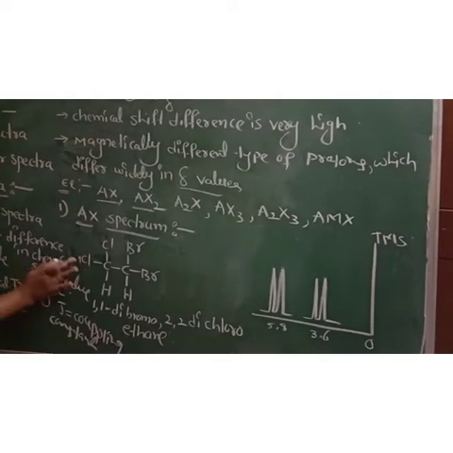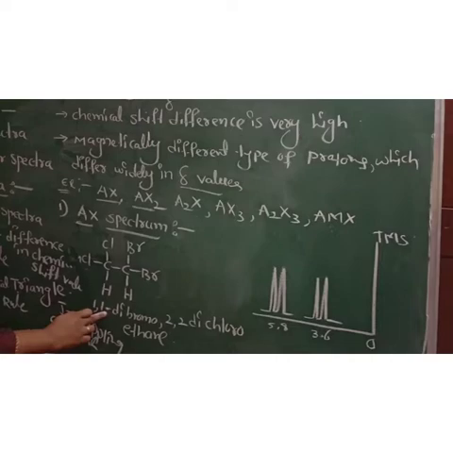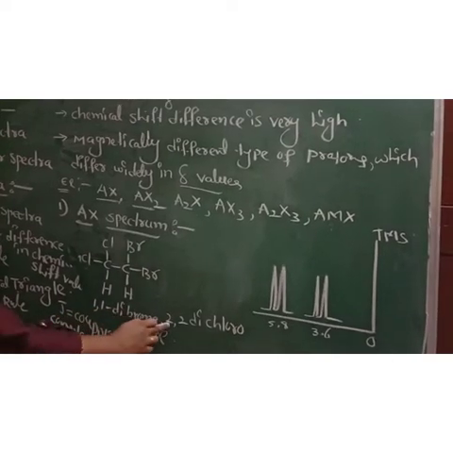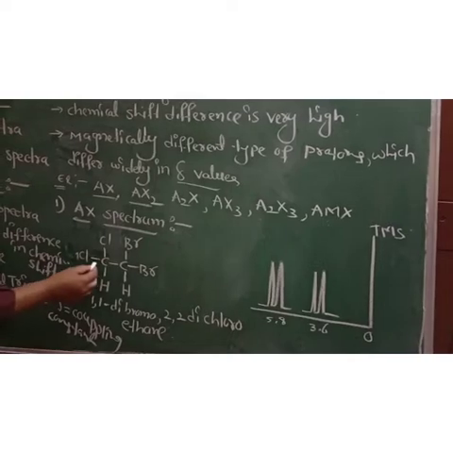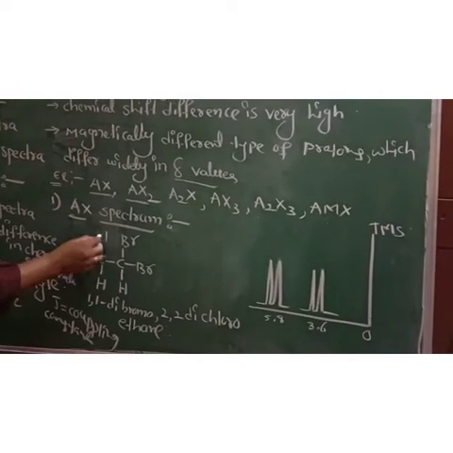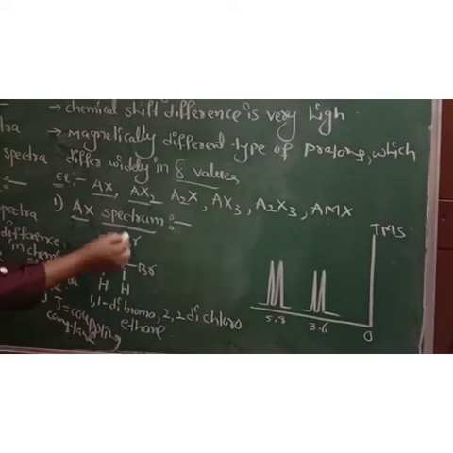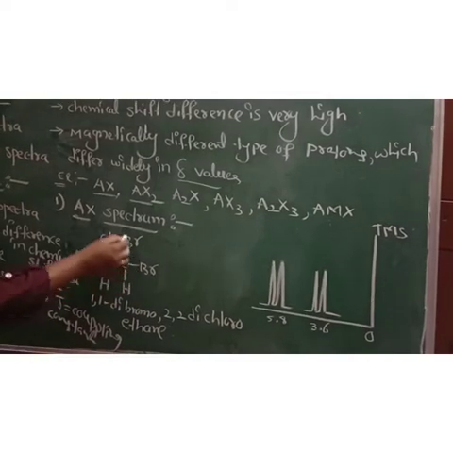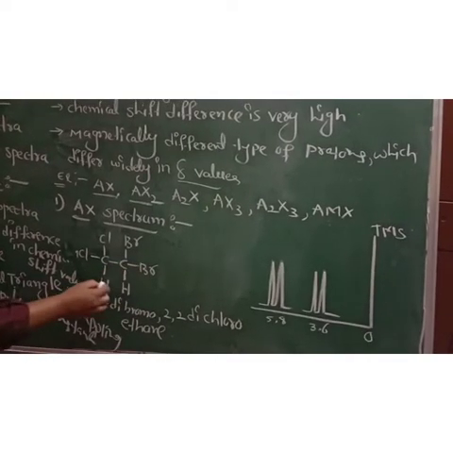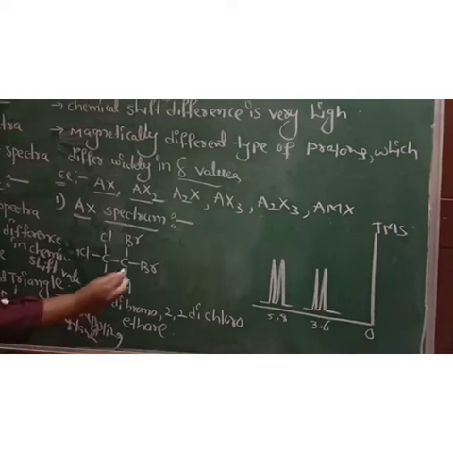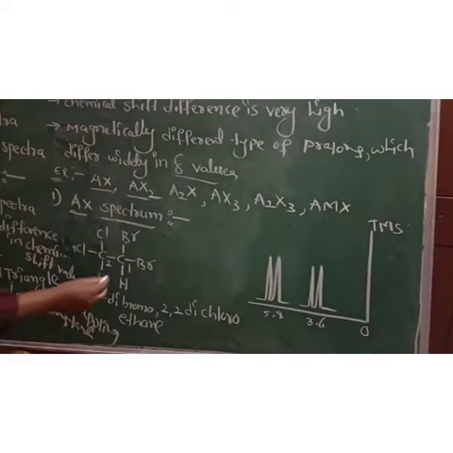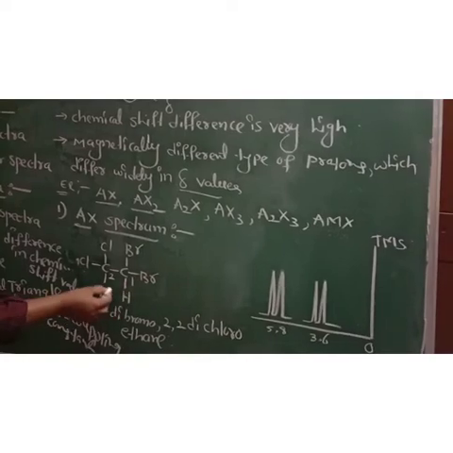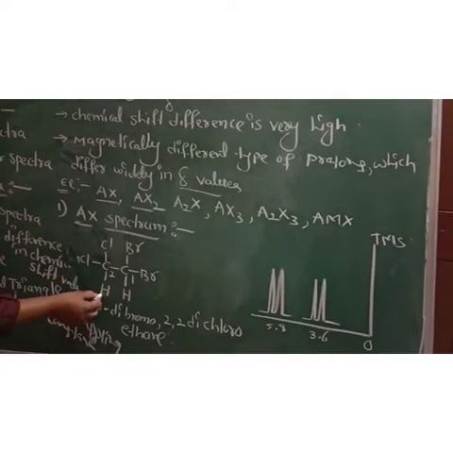For example, I will take 1,1-dibromo-2,2-dichloroethane. At one carbon atom two chlorines are present, at the other carbon atom two bromines are present, and the remaining bonds are hydrogens. This is the first carbon atom and this is the second carbon atom, first carbon with one hydrogen, second carbon with another hydrogen.